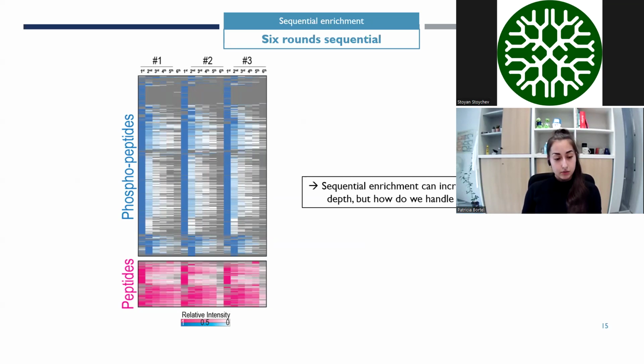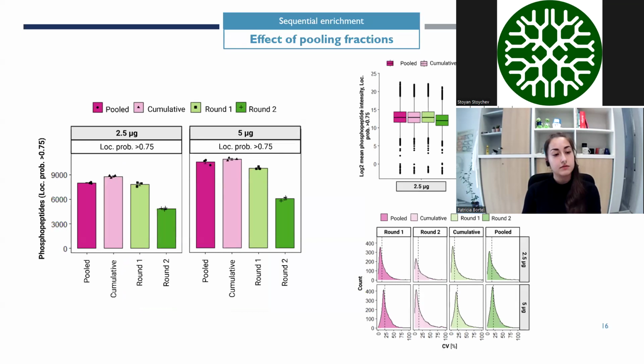So that was the question that we asked ourselves. And a potential solution that we came up with was to pool the eluates.